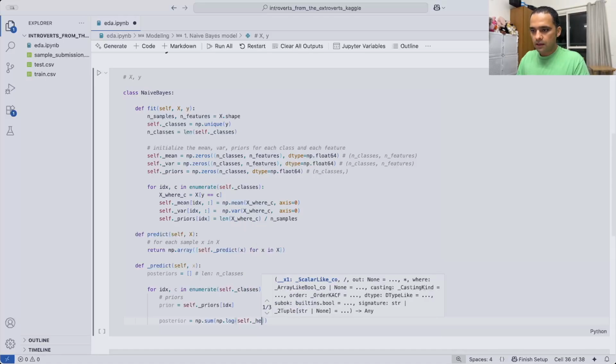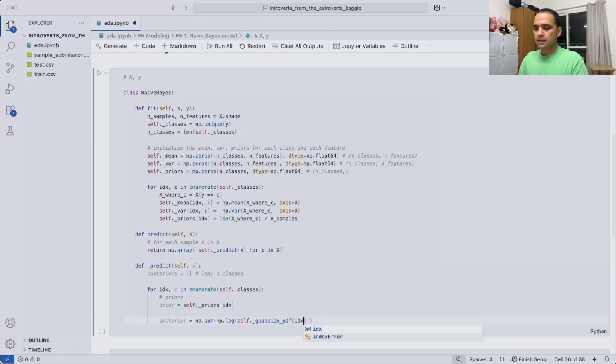So we need to define a helper function wherein we pass the index of the class and the X sample, all the features from the X sample, which will return us the Gaussian probability density function for each of the features from this class, and that we can use. So this would return the probabilities.